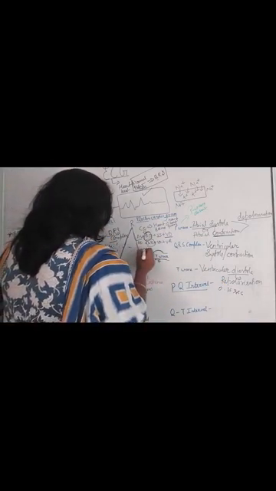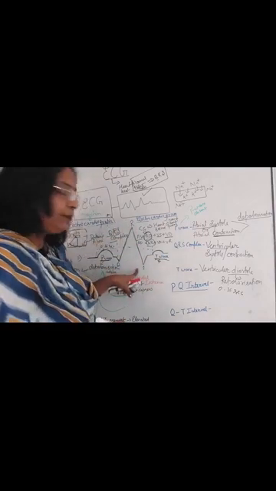Okay, so the time interval between the P and Q. Here is a P wave and here a Q wave. The time interval between P and Q will be 0.16 second. Time interval between Q and T. Why don't we calculate the QRS time interval?